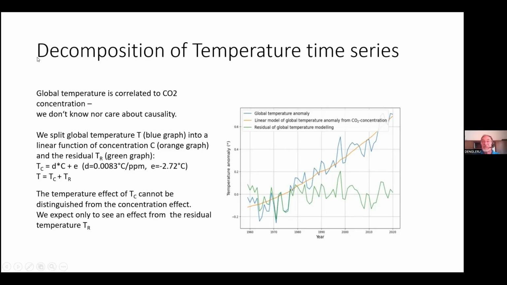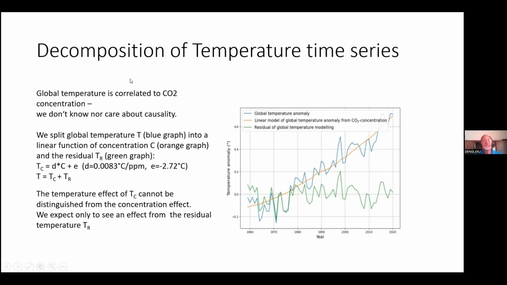Because temperature is so correlated with concentration that we really cannot know what is the cause. If we add two variables which are correlated, then it's hard to detect the effect of each one.